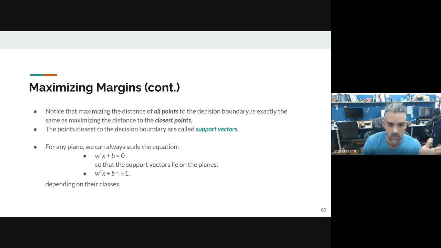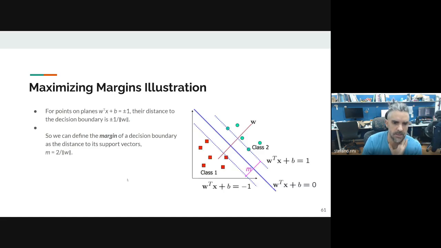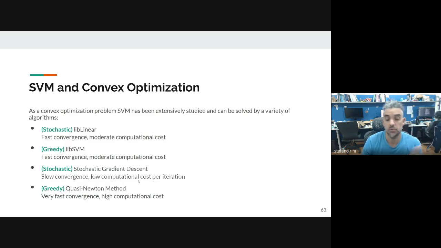We call these the support vectors, because they are the points of the decision boundary for which this equation holds. And then we just have to maximize this. This is the closest point, with margin equal to 1. This is the closest point on the other side, with margin equal to 1. The distance between the two is normalized to m. This is the normal vector. And we set up a nice maximization problem, which we solve using some numerical solver.